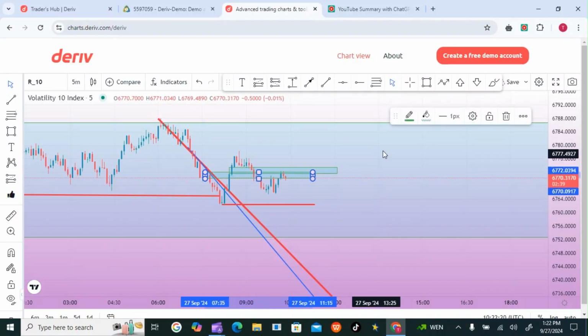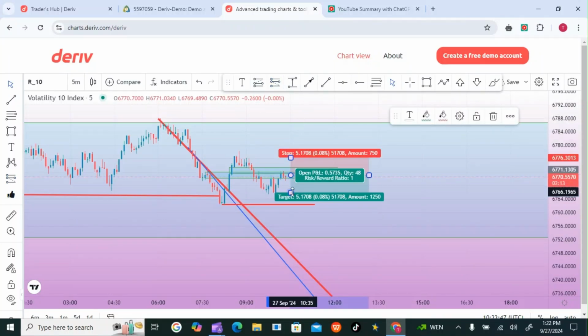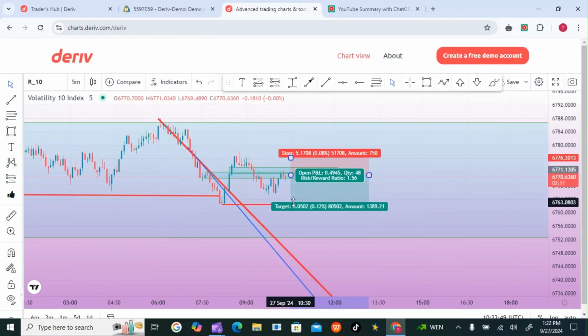So there we can spot something like an order block. We can see the market has tried to move down to that order block. For just scalping very fast, we can now decide to enter a short trade here and target this point.